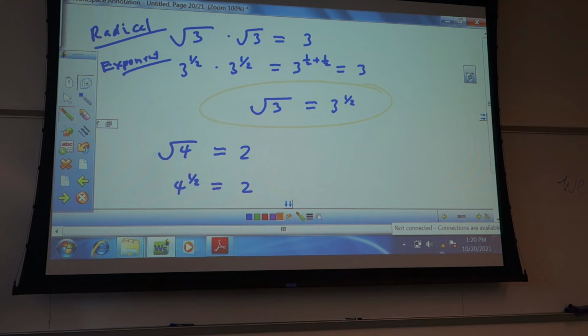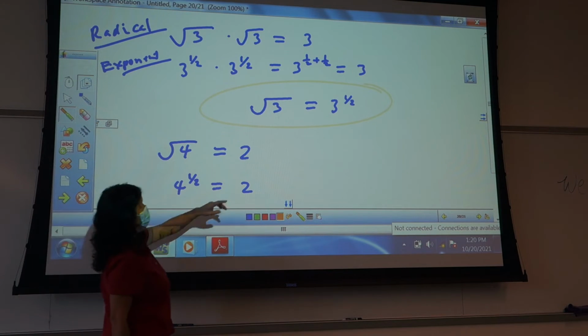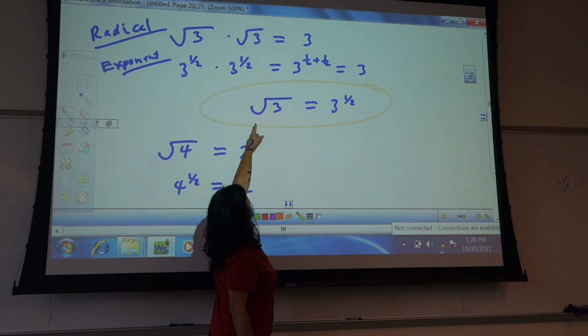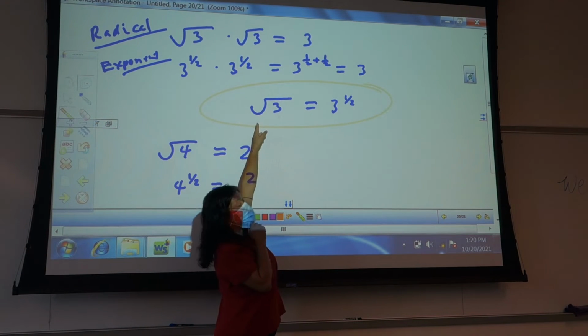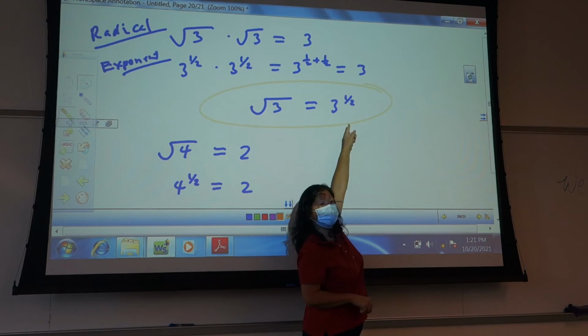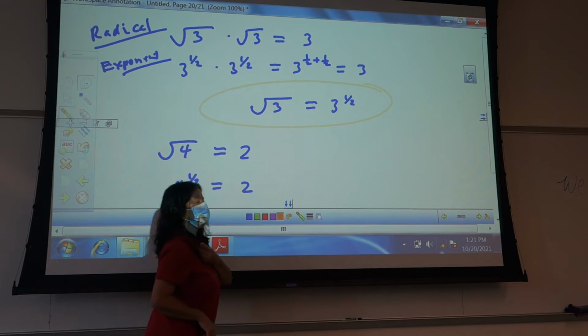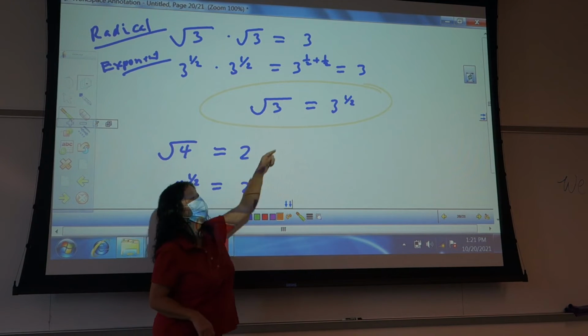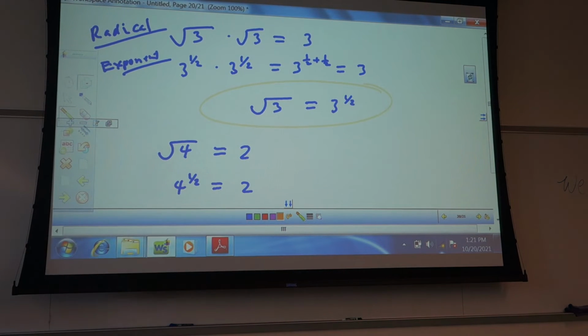Good? So how you get back and forth between them is take the number on the inside. What's the number on the inside, that little crook? It's hidden, it's an invisible 2. That goes on the bottom. What goes on top? It's 3 to the 1, so it's 1/2.